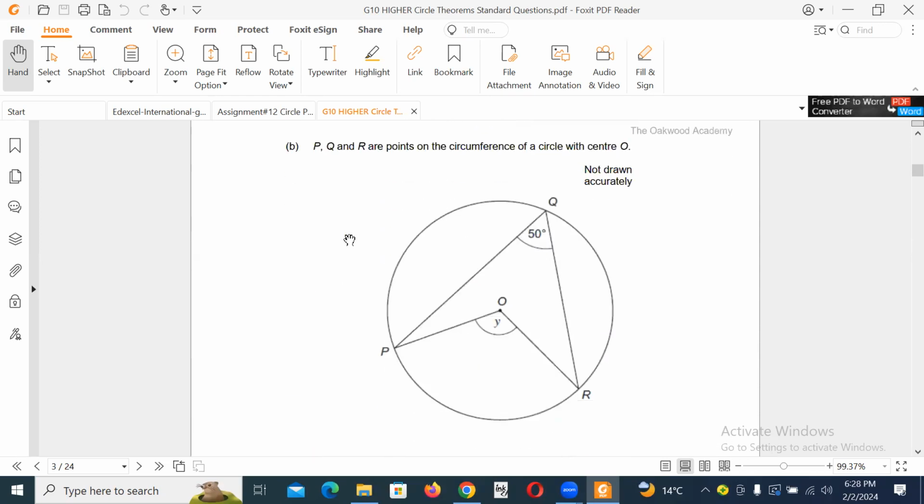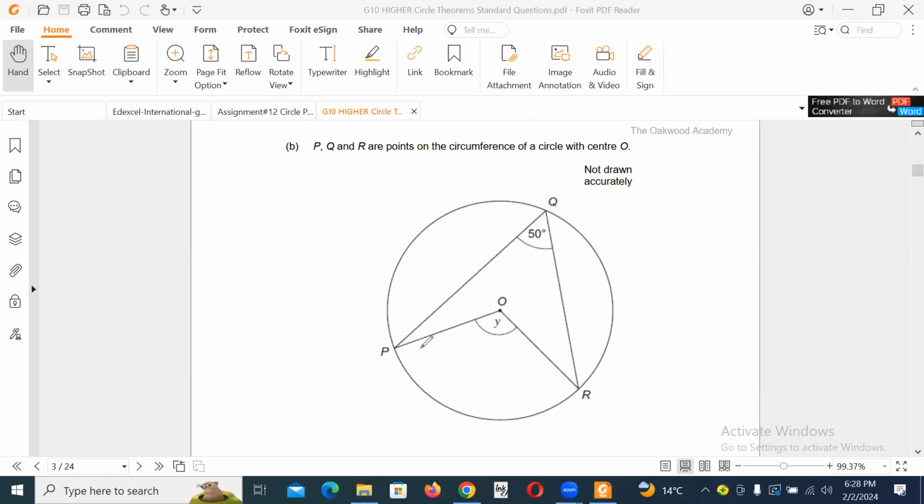Next question is, we have P, Q, and R are points on the circumference of a circle with center O, and we are looking for angle Y. Very easy. Again, we can apply one rule of circle properties.